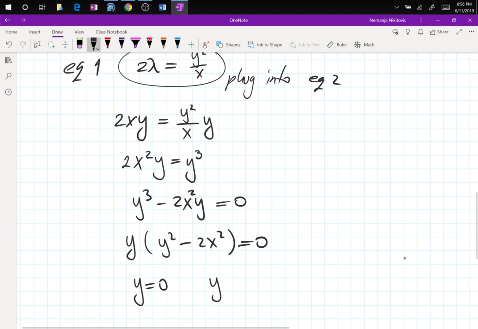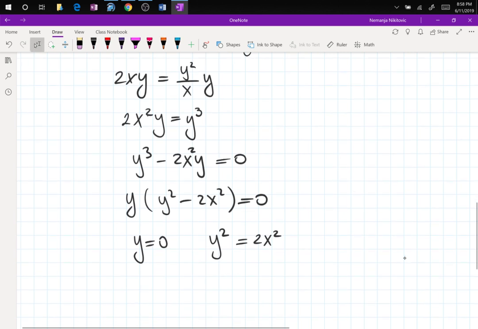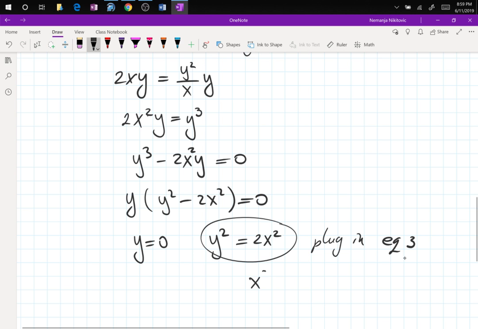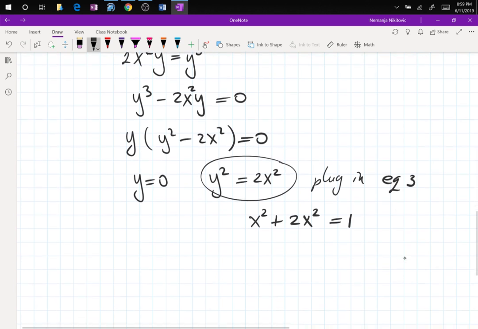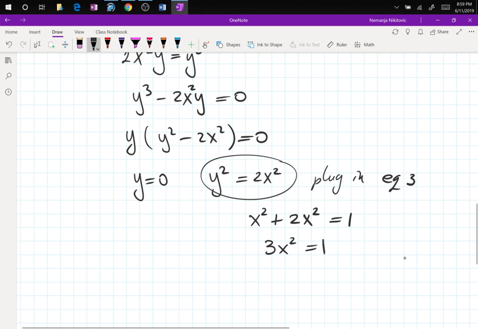And we also get the second equation, y squared equals 2x squared, which we plug into equation 3. Now your equation 3 was x squared plus y squared equals 1. So 3x squared equals 1. x squared equals 1/3. x equals plus minus root 3 over 3.